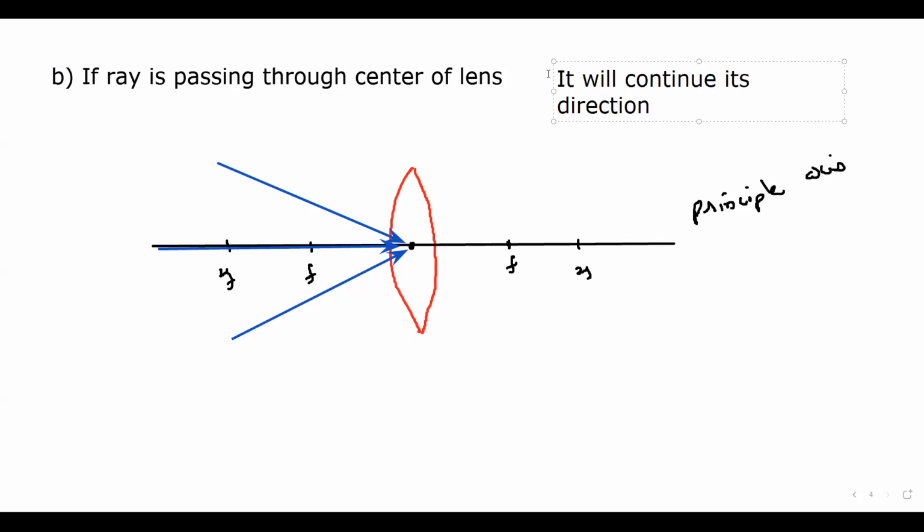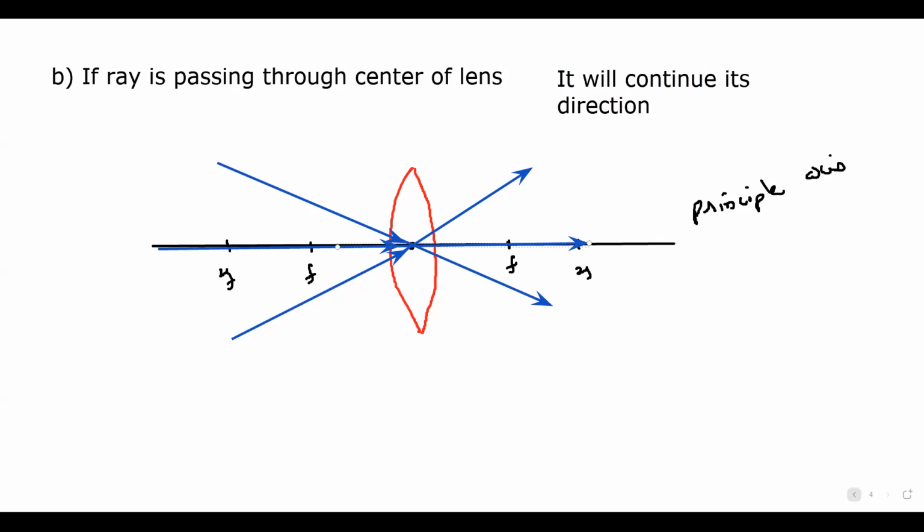It won't change the direction, it will continue to move in the same direction. So if the ray of the light is passing through the center, it will pass straight, it won't deviate.